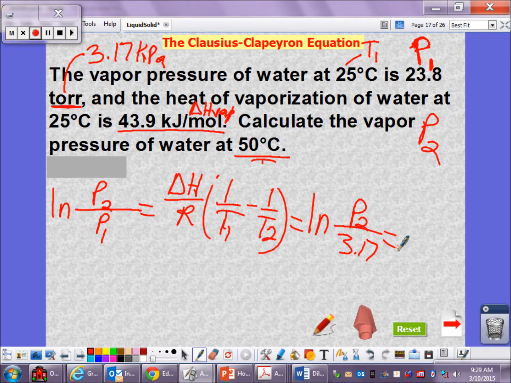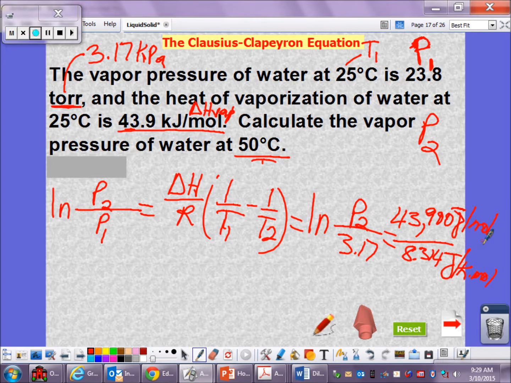I want to use 8.314 for my R, but that 8.314 is joules per Kelvin times moles. So why don't I change my delta H into joules? It will be 43,900 joules per mole.